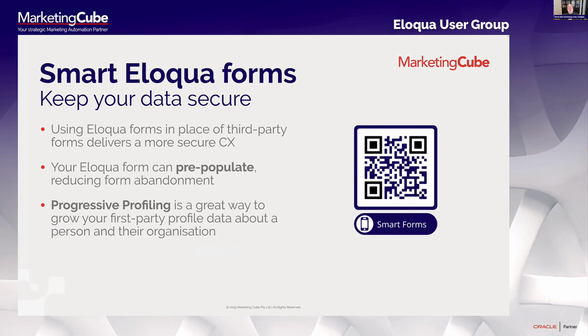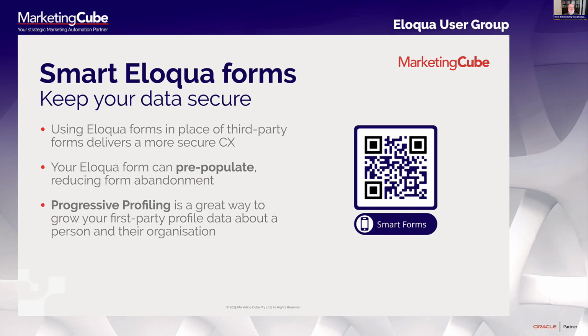Using Eloqua forms in place of third-party forms certainly delivers a far more secure CX. That's one of the key things we want to get across: the secure nature of the form data being submitted straight into Eloqua, and if necessary, moved on to your CRM platform. So a very secure environment for people to do that.